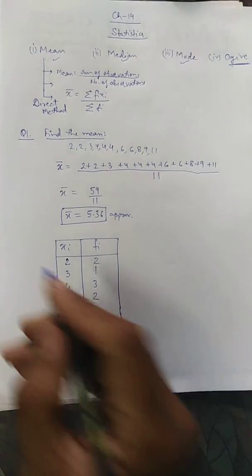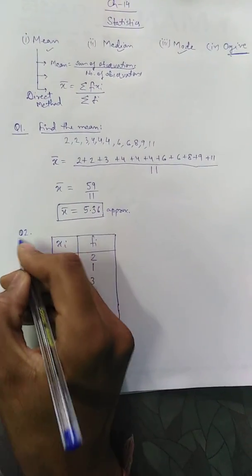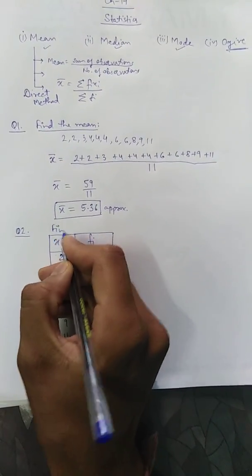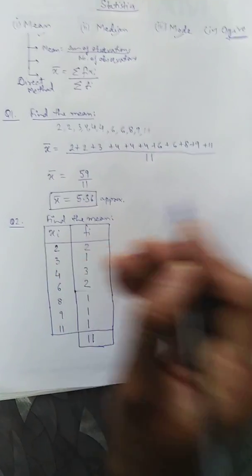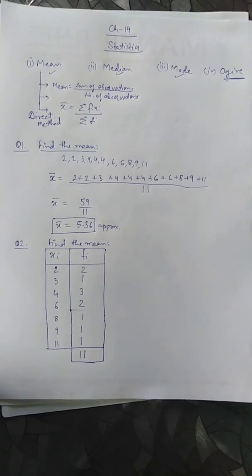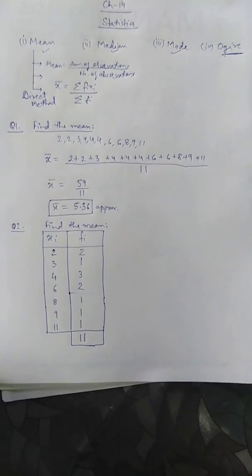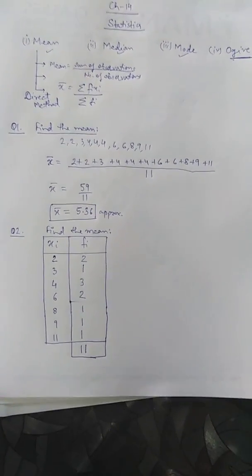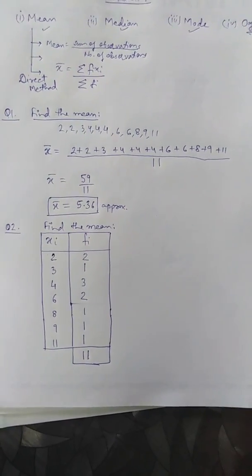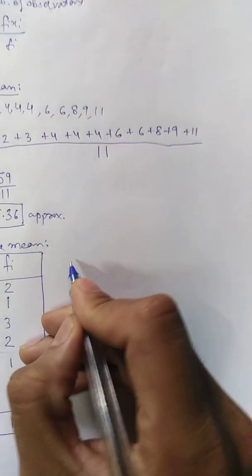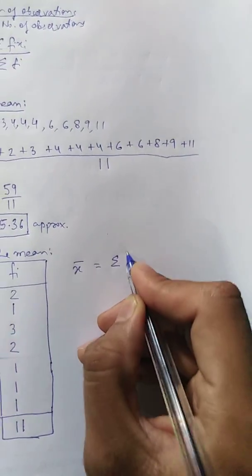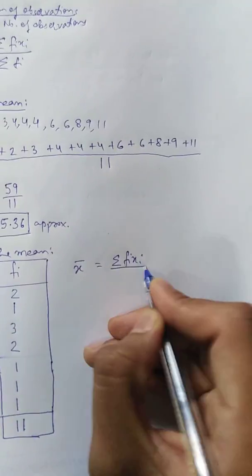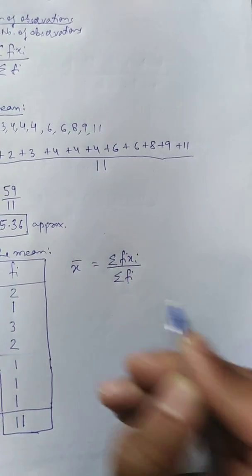Let's now make it question number 2. Again, find the mean. As we learnt in class 9, the method that we have to use for a tabular form of data for finding mean is: mean is equal to sigma fi xi upon sigma fi.